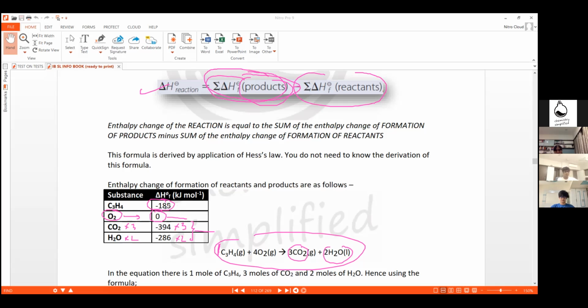The substance should be formed from its elements, like carbon dioxide is formed from carbon and oxygen. Oxygen cannot be formed from oxygen. Oxygen is oxygen by itself. So that's the reason why the formation value of oxygen is 0 here. Anyways, then you add this and subtract the minus 185.